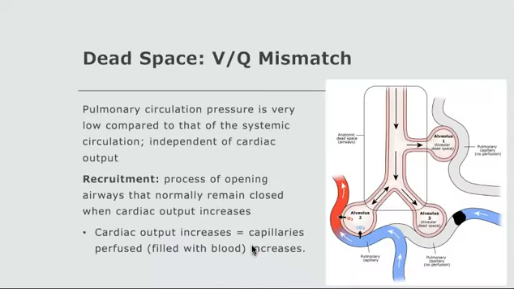And the last thing we're going to talk about in this section is dead space, known as a VQ mismatch. So when we have pulmonary circulation, the pressure is going to be really low there compared to our systemic circulation. Now, we haven't really talked about our circulatory system just yet, so let me explain what that is.